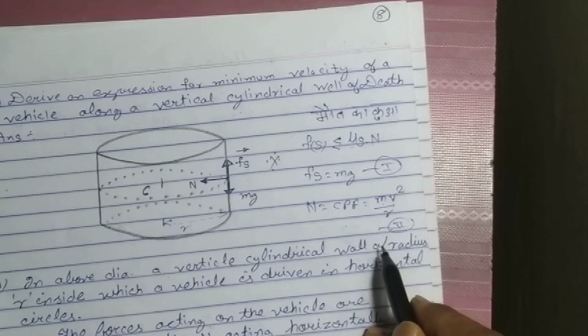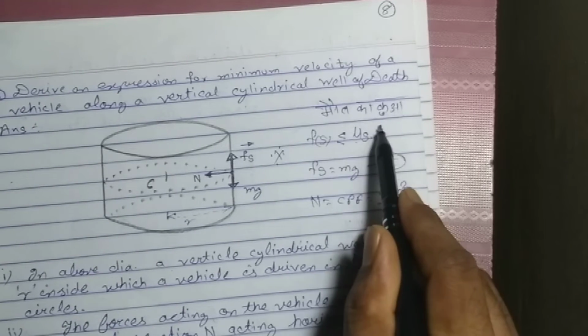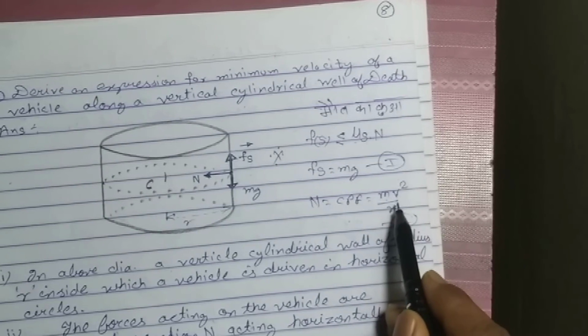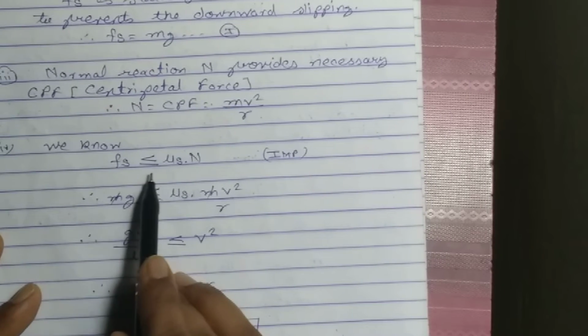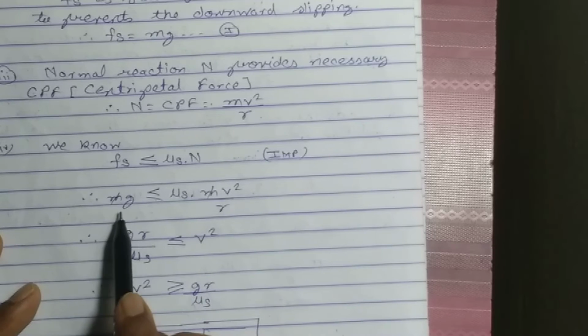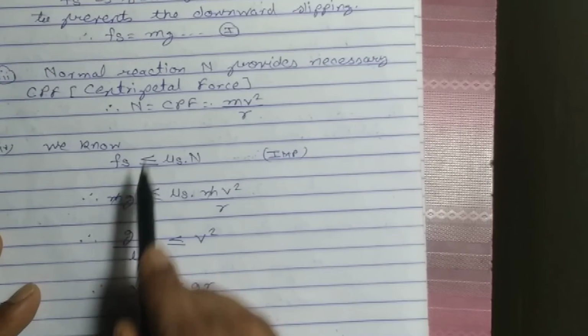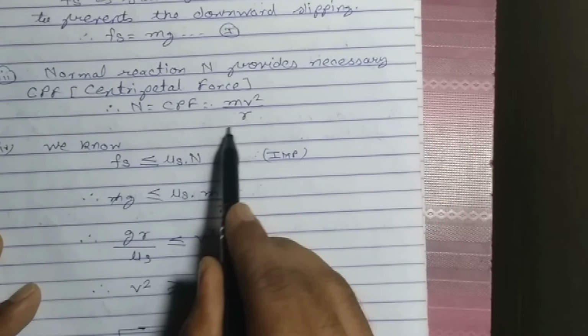So students, instead of Fs, we will put mg, and in place of N, I will put mv square upon r. Simple mathematics we are going to perform over here. You will see here, Fs is less than or equal to μs N, a very important equation that you know. Instead of Fs, I am going to replace it by mg, which is balanced from equation number 1. What is N here? Centripetal force.